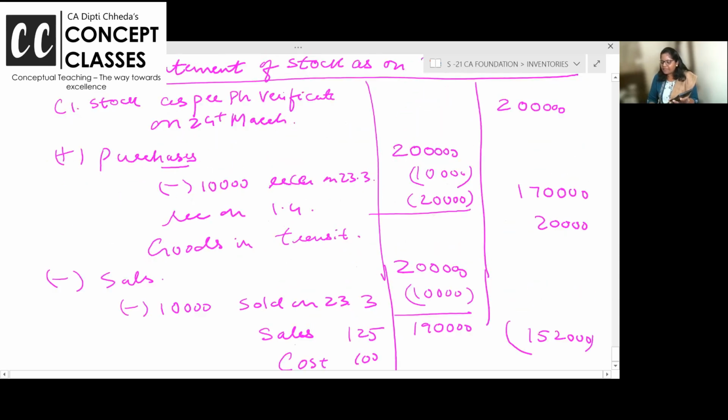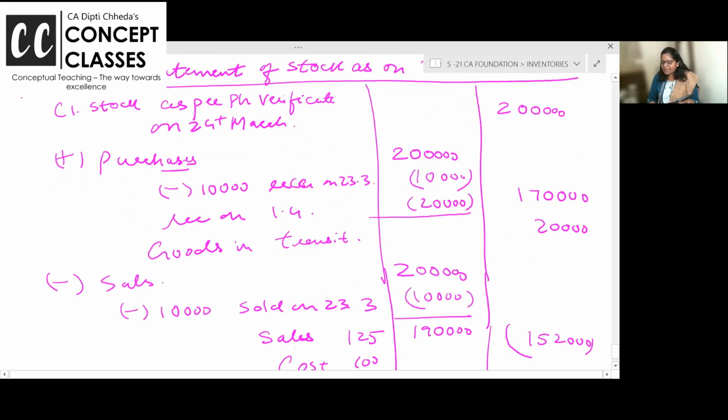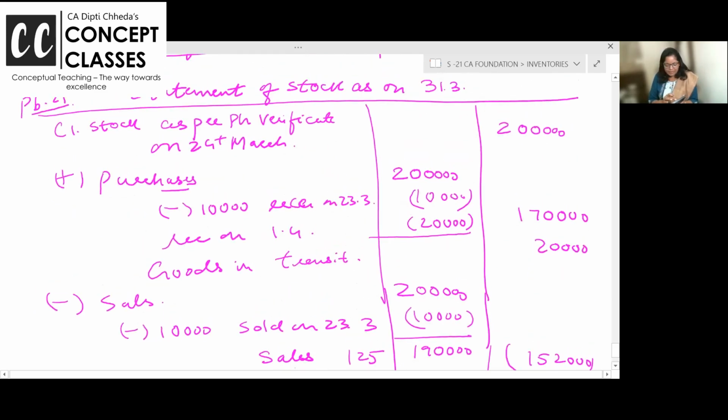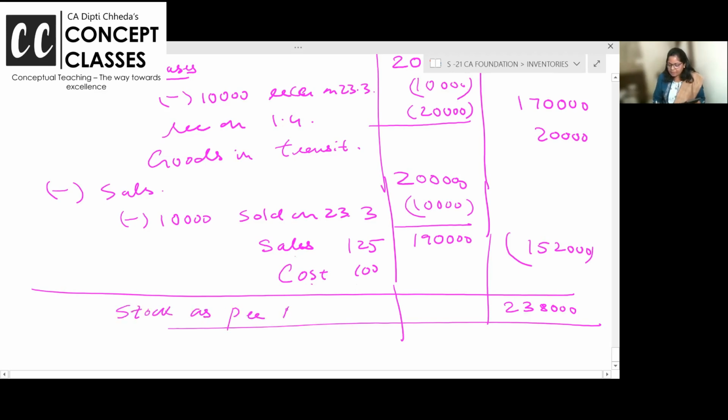1,52,000 minus. I'll give a note also for whatever I have done, an explanatory note which you need not write in the final exam. 2,38,000, stock as per books.